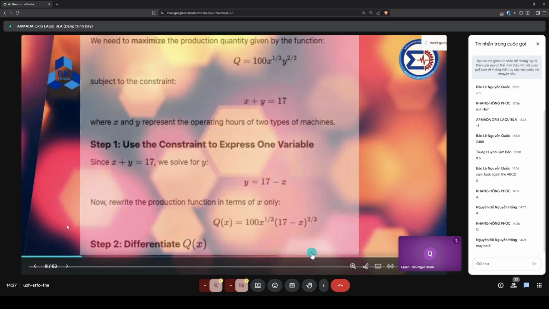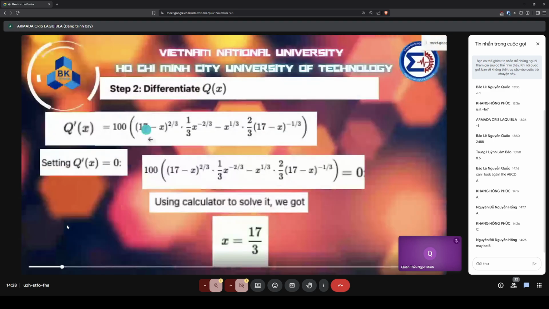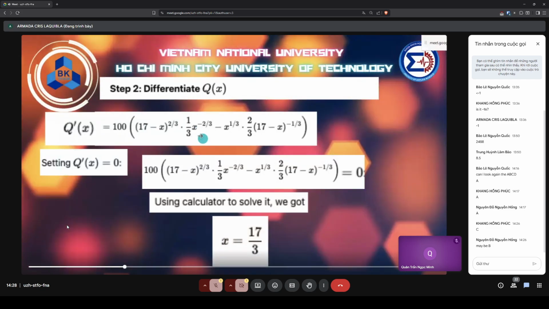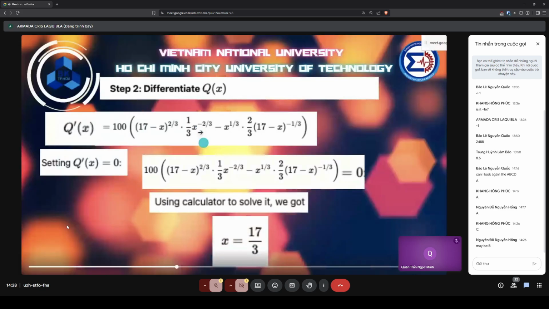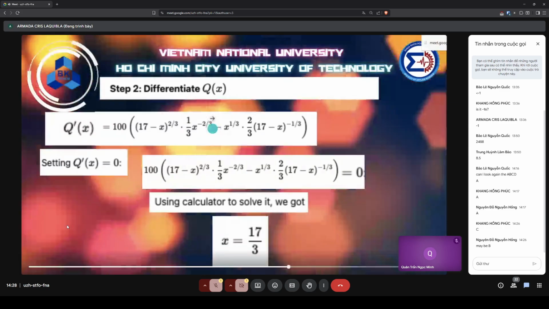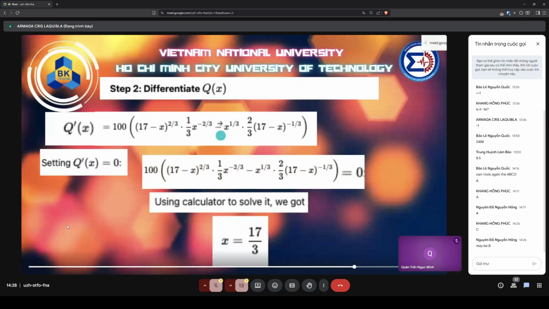So we have here 100 outside. First they copied the 17 minus x to the 2/3, and multiply the derivative now of x to the 1/3. We have this 1/3 x to the power of negative 2/3. Correct? Because 1/3 you multiply it here, and then 1/3 minus 1 becomes negative 2 over 3. Plus, and then x to the power of 2/3 multiplied by the derivative of 17 minus x to the power of 2/3.